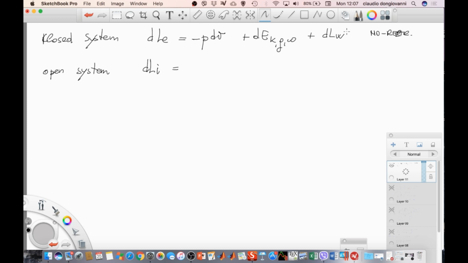The second one, obviously, will be only for steady state. How can we derive it? By using the previous relationship. So, look here in the previous page.